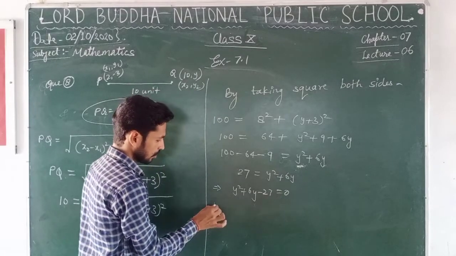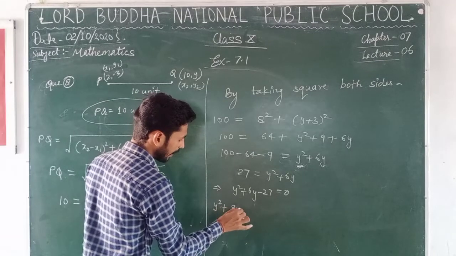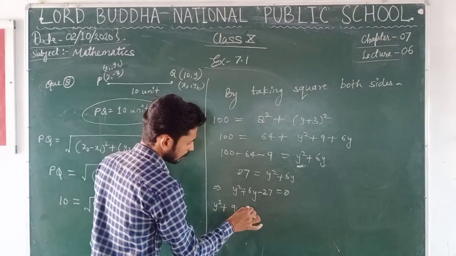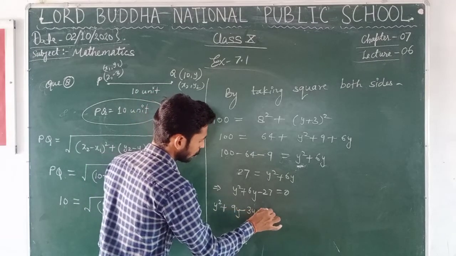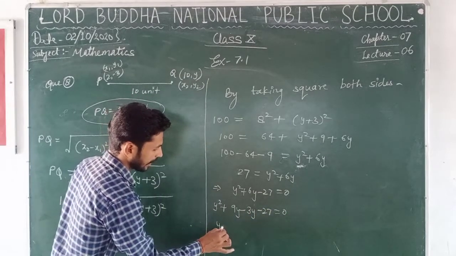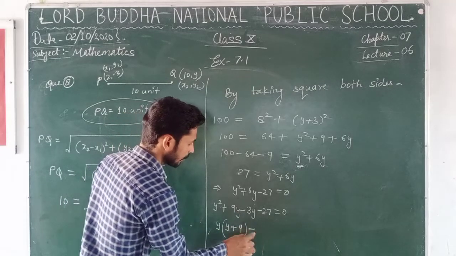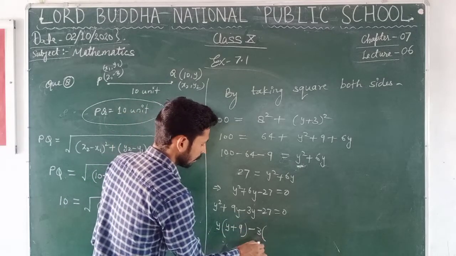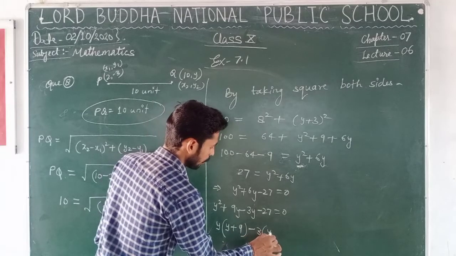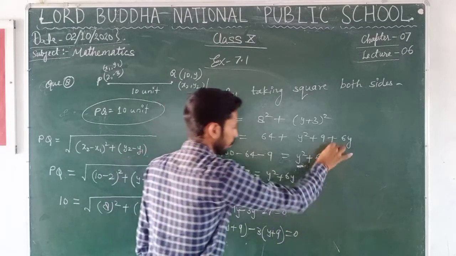Break this. So this will be y square plus 9y minus 3y minus 27, that's equal to 0. Here will be y taken as common, y plus 9, and in the next, minus 3 can be taken as common. So this will be (y plus 9) and (y minus 3), that's equal to 0.